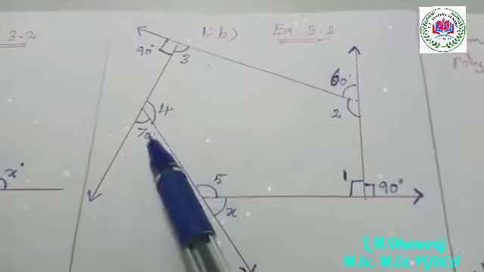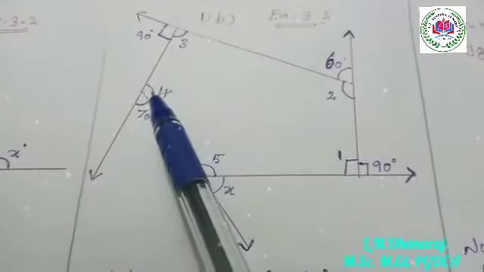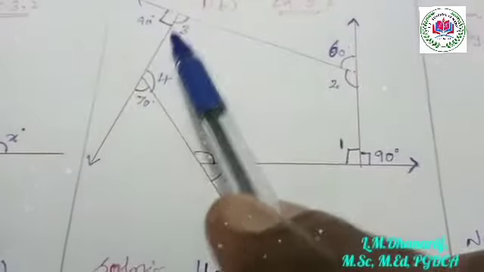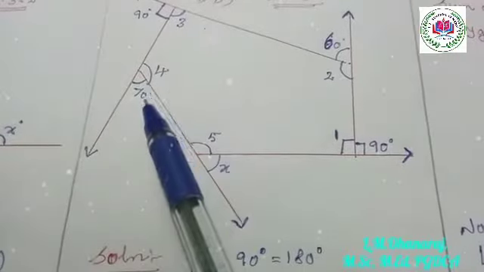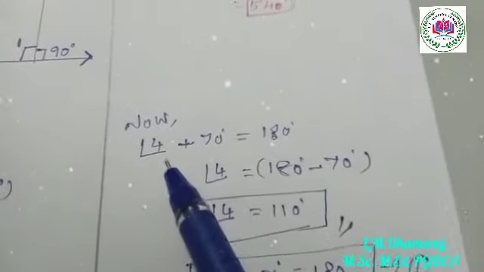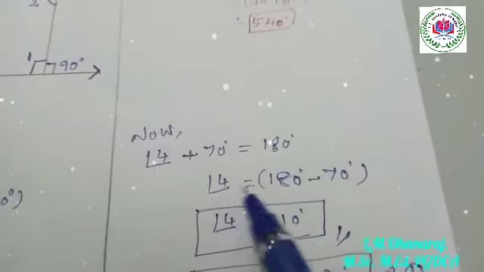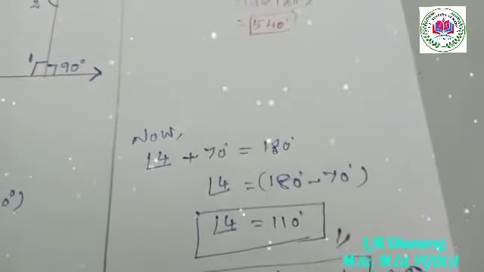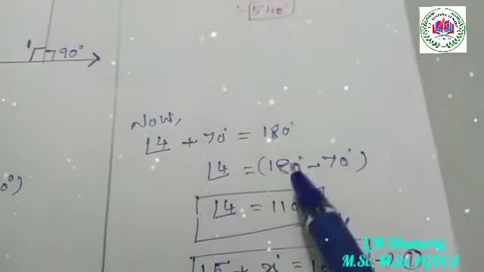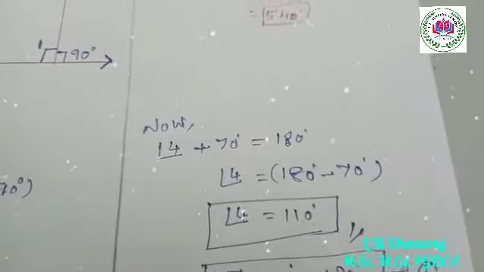Angle 4 plus 70 degrees, because this is a straight line, so the sum of these two angles will be 180 degrees. Angle 4 plus 70 degrees is equal to 180 degrees. So angle 4 is equal to 180 degrees minus 70 degrees. When we subtract, we will be getting 110 degrees. So all the four angles we found.